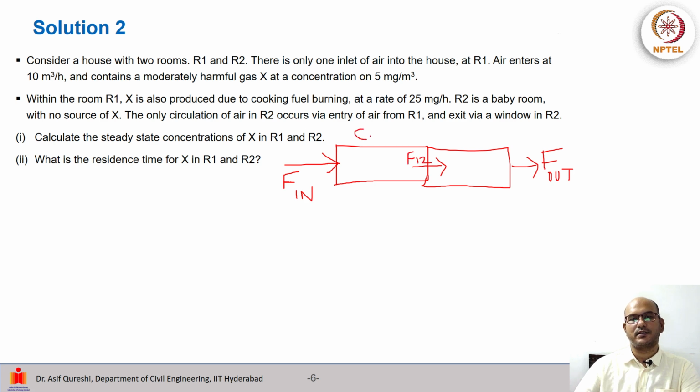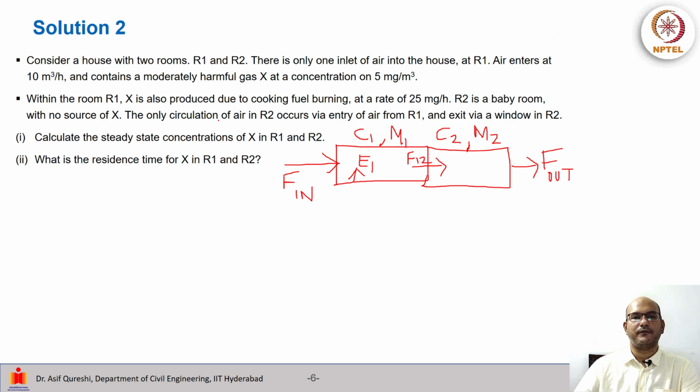The concentration is C1, mass is M1 in room 1, concentration is C2, and mass is M2 in room 2. There is an emission E1. There is no emission in room 2.